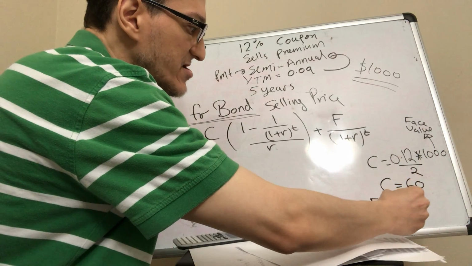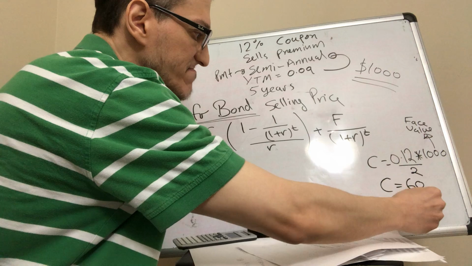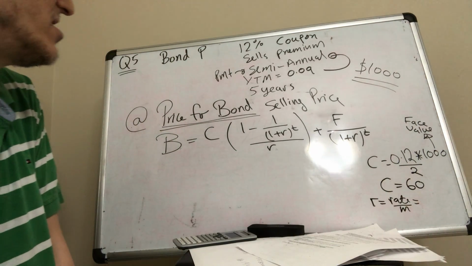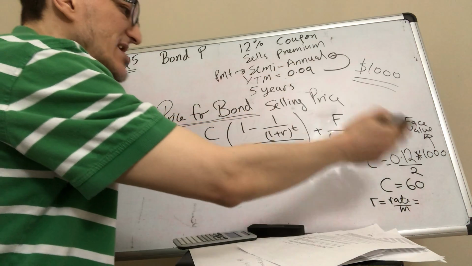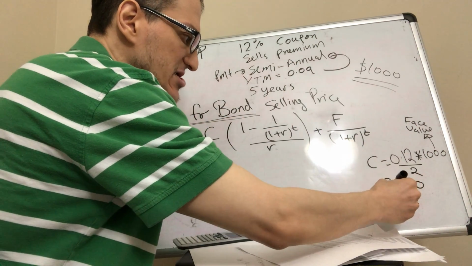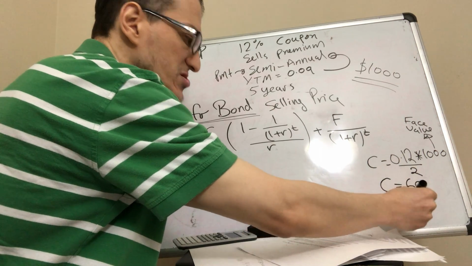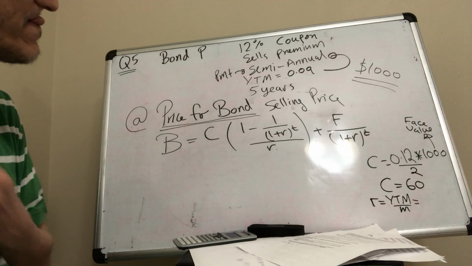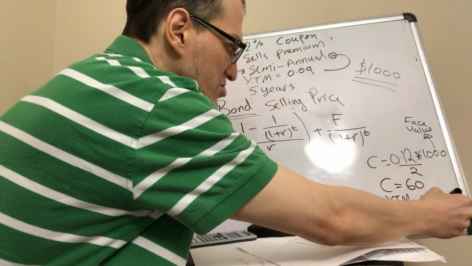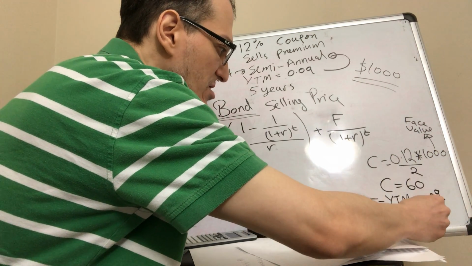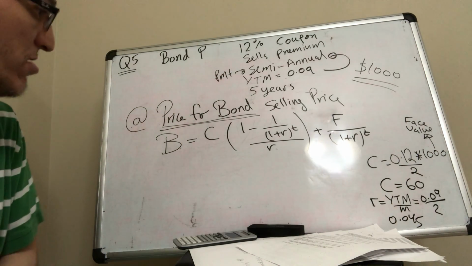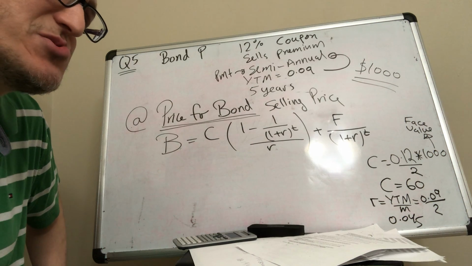R, you take rate over M. You take YTM. It's always going to be the rate. The yield to maturity is always YTM. So it would be 9 over 2, which is 0.045.